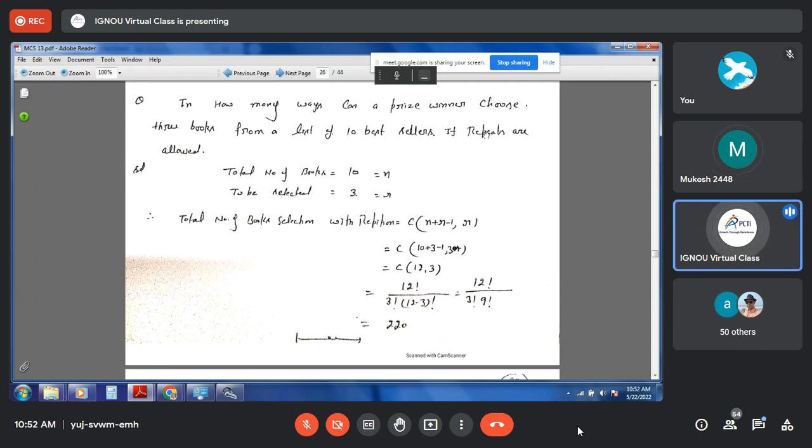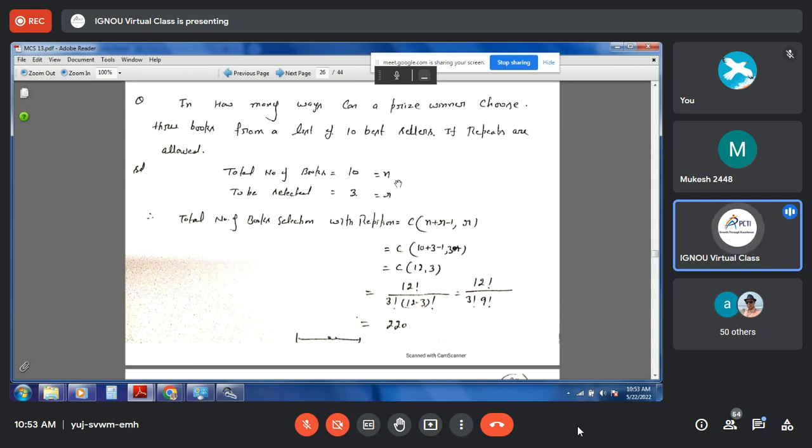Since repetition is allowed, the formula will be C(n plus r minus 1, r), that is C(12, 3), calculated, that is equal to 220. Answer is 220.